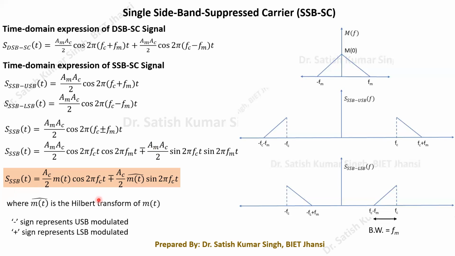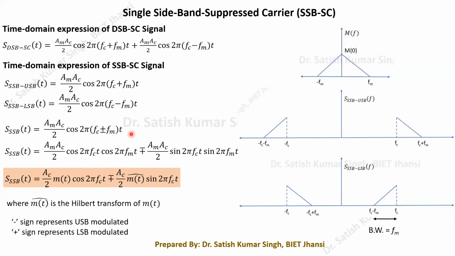So in this expression, how to identify whether it is upper sideband modulated or lower sideband modulated? Just by seeing this sign. Here this negative sign in this particular expression represents the upper sideband, and this positive sign represents the lower sideband. Please do not bother about this expression, SSB equals AmAc upon 2 cos 2 pi (fc plus or minus fm)t.